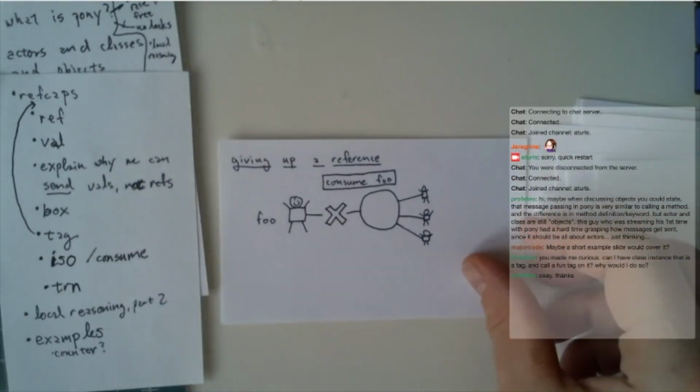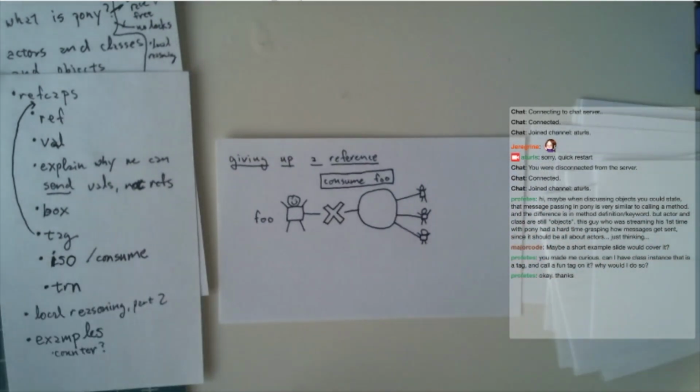The way you get rid of a reference in Pony, at least the way that I'm going to talk about right now, is using the consume keyword. What consume does is it says, okay, this named reference you had, it's going away. You won't be able to use it anywhere else in your code, so we've gotten rid of it.